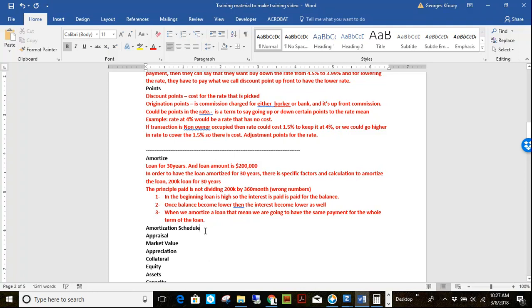Now, what is an amortization schedule? With every loan we do, there will be, with the documents, a schedule for every payment that will be made through the entire loan.